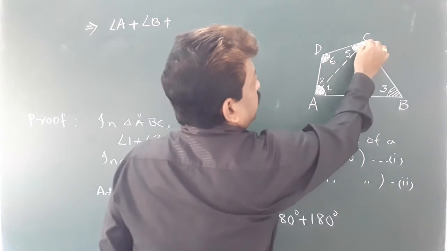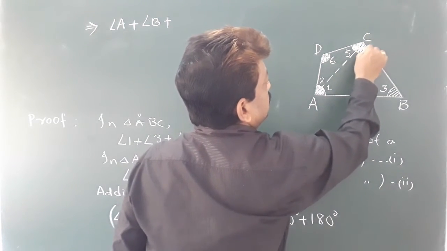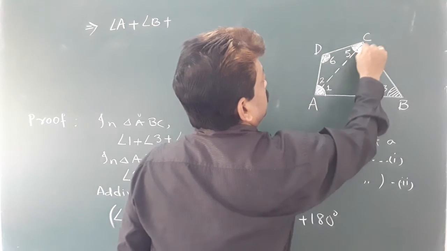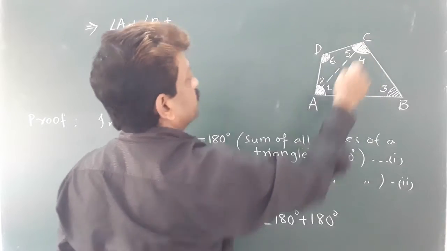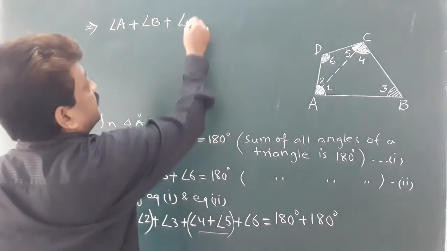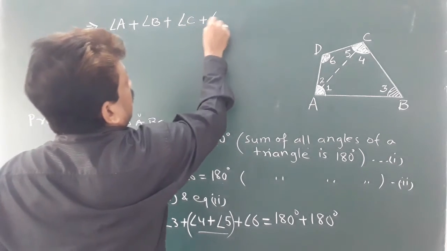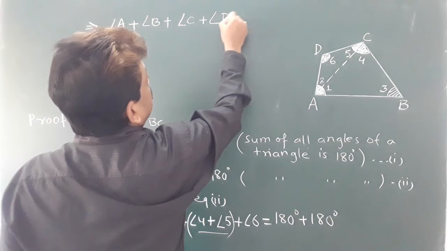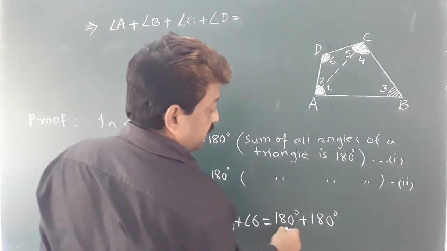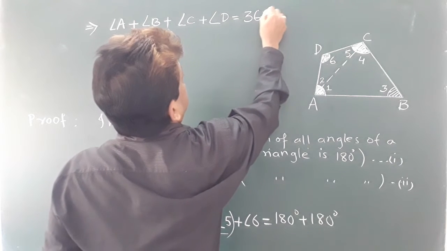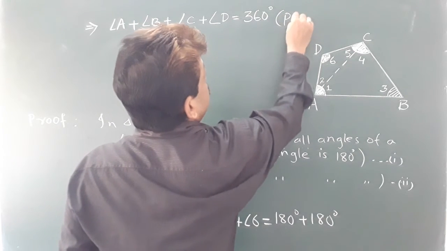See the figure. Here 4 plus 5 means the whole angle C. So in place of angle 4 plus 5, I can write angle C. And what is angle 6? Angle 6 is angle D. And right hand side 180 degrees plus 180 degrees equals to 360 degrees. And the theorem is proved.